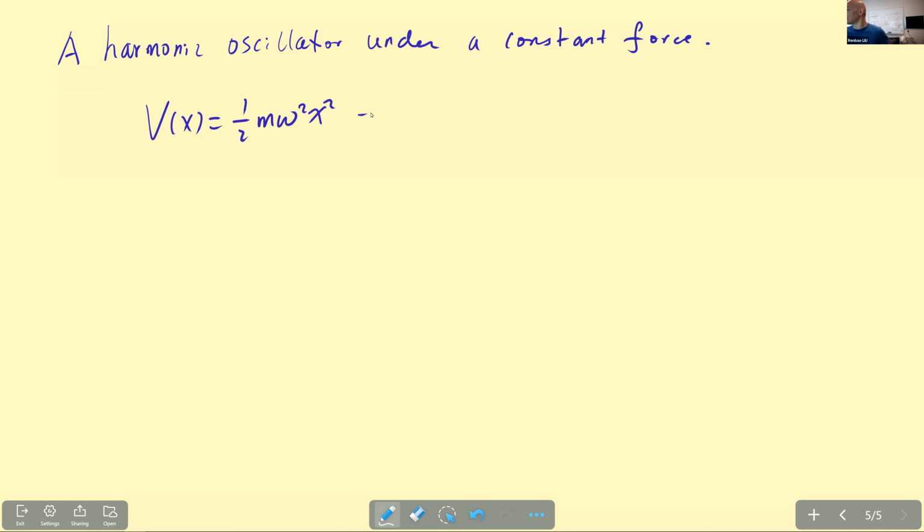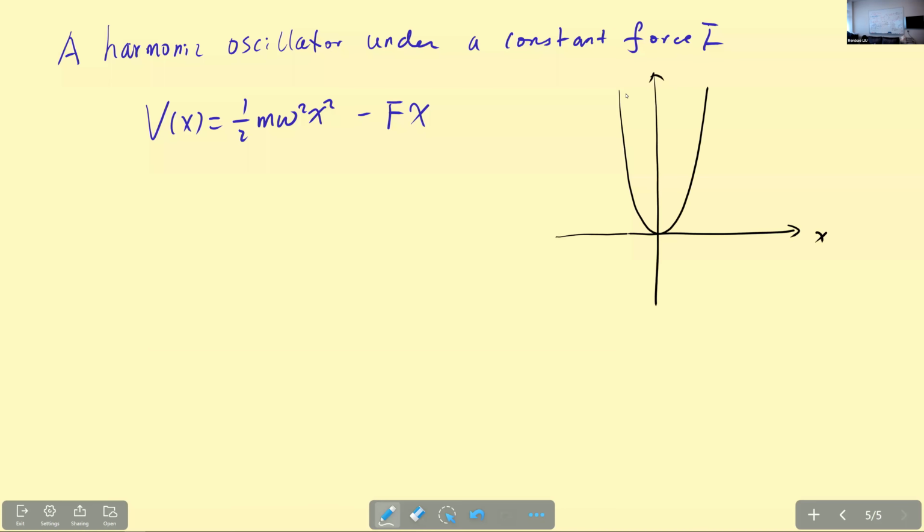And now you have a force F. So that will cause you another potential, right? Suppose this is the original potential, that's 1/2 m omega squared x squared.